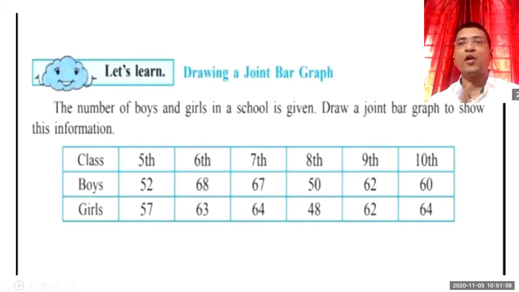On 9th standard, draw bars till 62 for both, since boys and girls are the same. In 10th standard, draw columns till 60 for boys and 64 for girls. We will see this bar graph on the next slide.